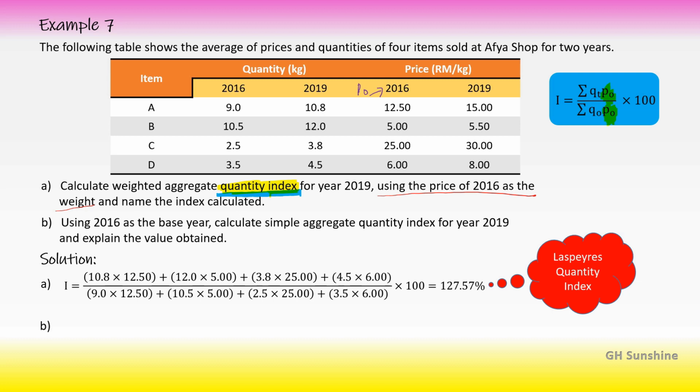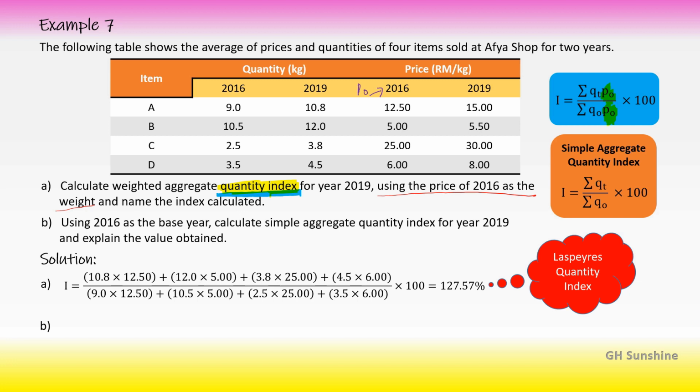Okay, we proceed to question B. Using 2016 as the base year, calculate simple aggregate quantity index for the year 2019 and explain the value obtained. So what is the formula for simple aggregate quantity index? Okay, we will use this formula. Substitute all the QT.